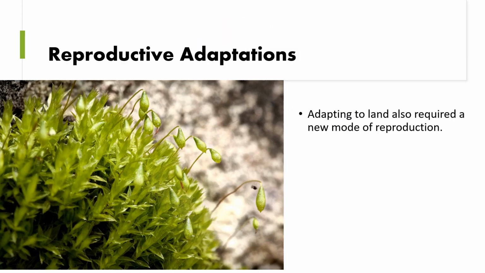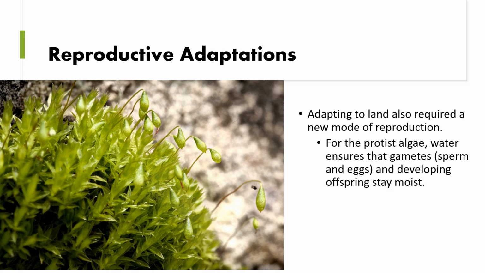Now, there also are going to be some reproductive adaptations, because reproduction in water versus land is going to require some different things. So for protist algae, which are going to be in the water, that means that the sperm are going to be able to swim and get to the egg, and everything's going to stay moist. So nothing dries out because everything is in the water.